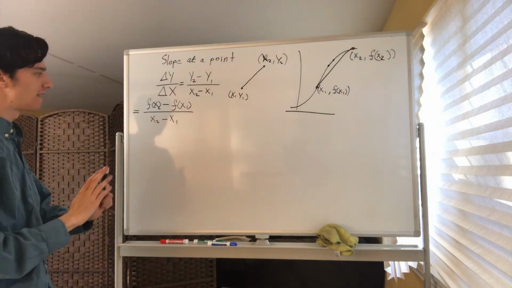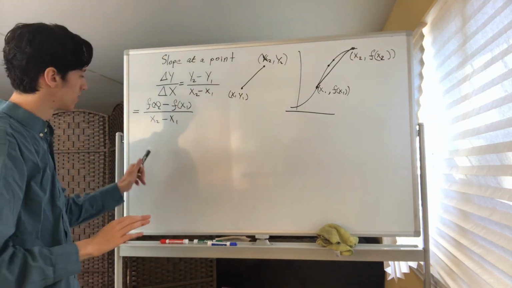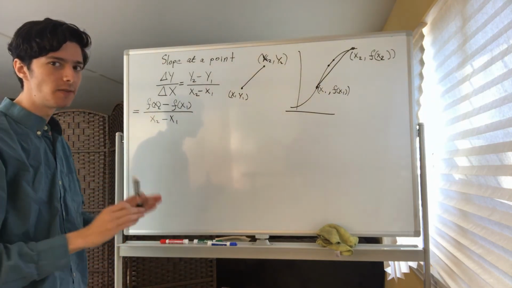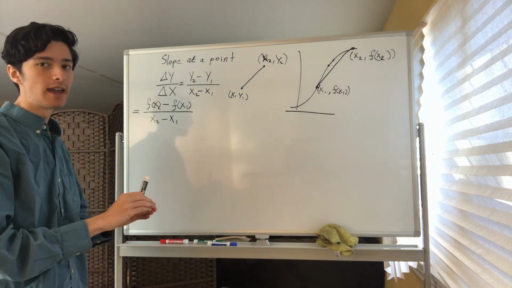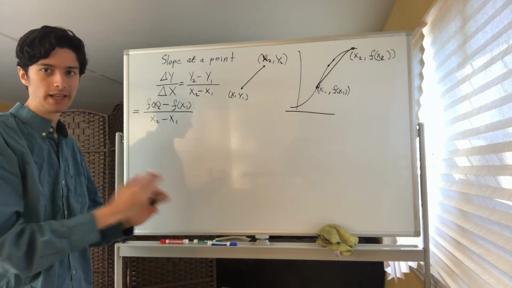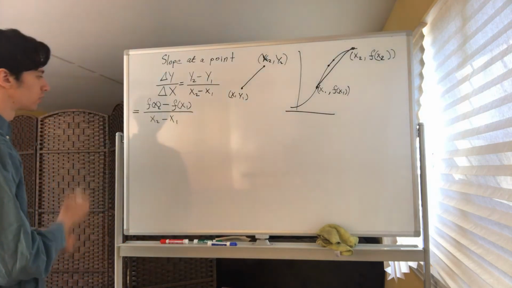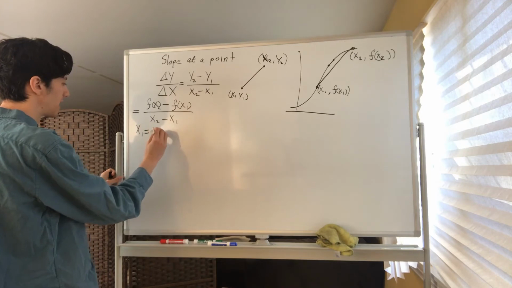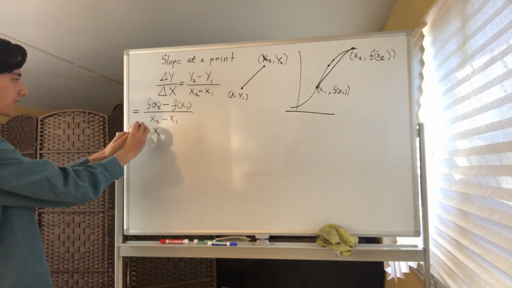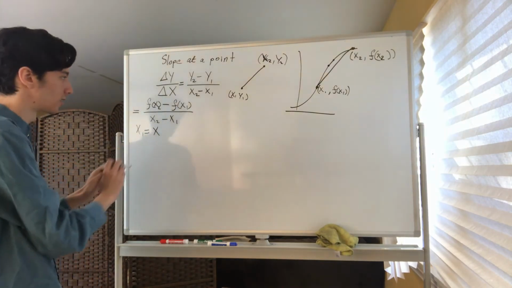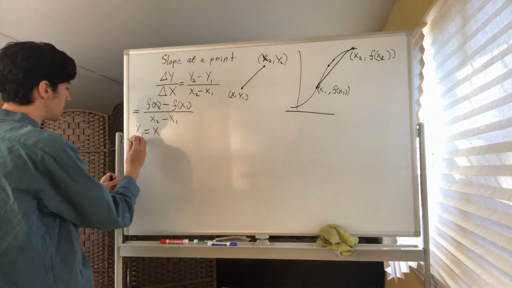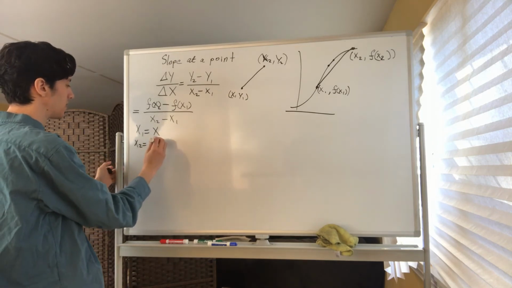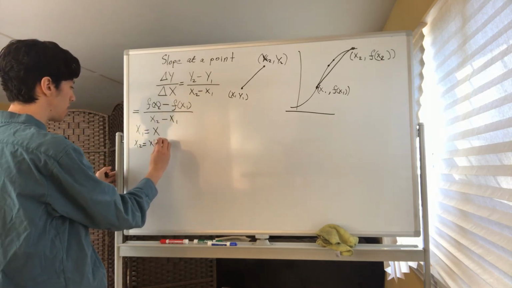So instead of just having any 2 arbitrary points, x2 and x1, we're looking at a specific x value and another value that's really close. So let's have our x1 just be our x, because that's the point we're focusing on. And x2 is really close to x, so it's x plus a small h value.